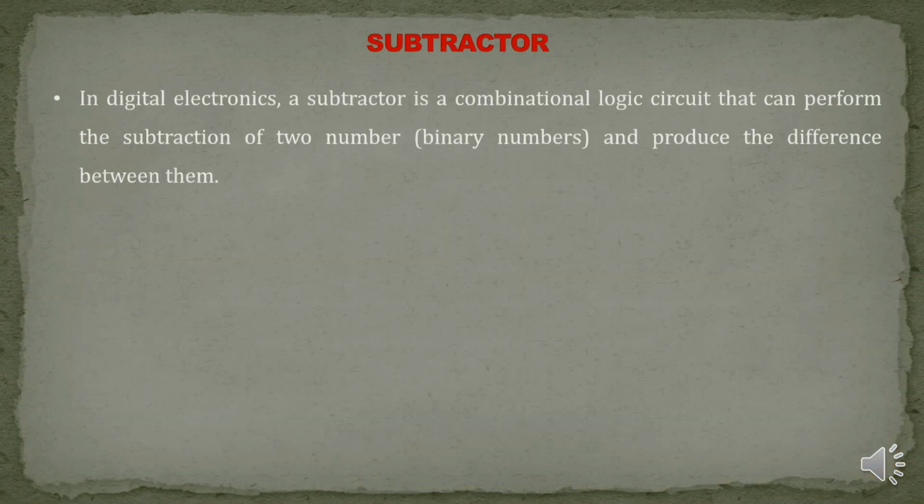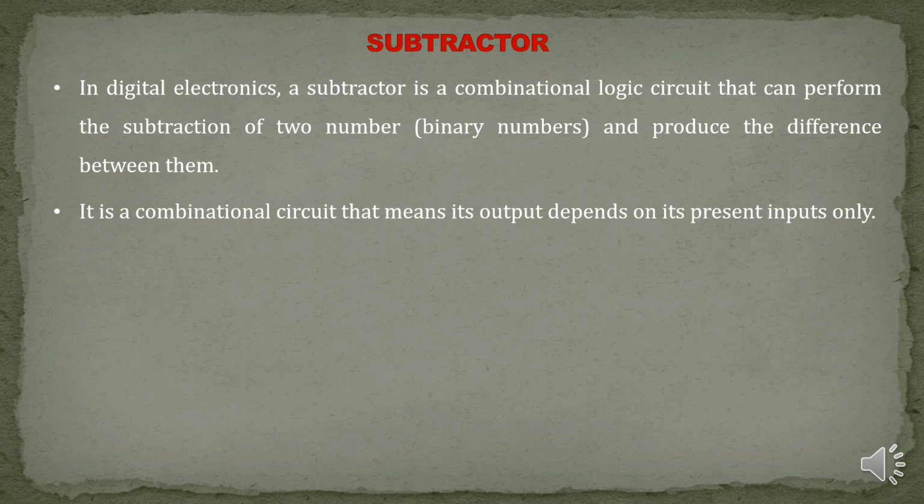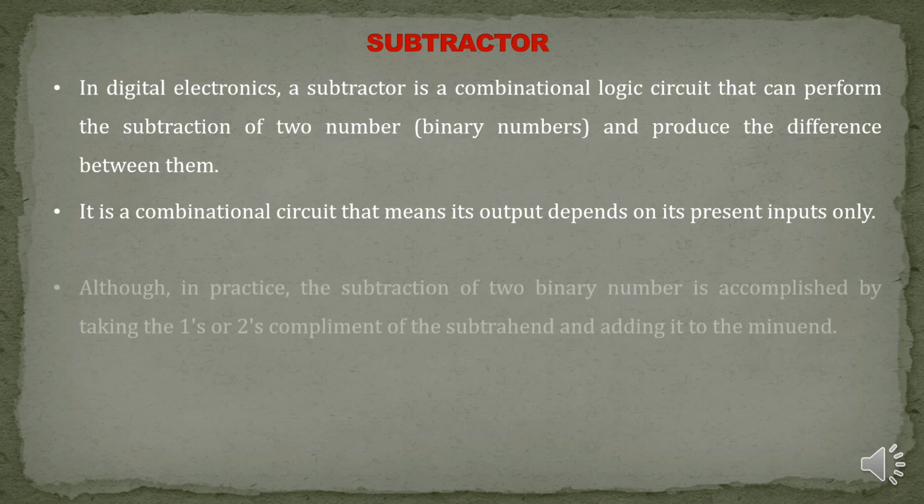Subtractor. In digital electronics, a subtractor is a combinational logic circuit that can perform the subtraction of two numbers that are binary numbers and produce the difference between them. It is a combinational circuit, that means its output depends on its present inputs only.